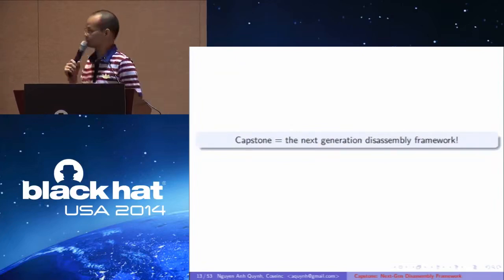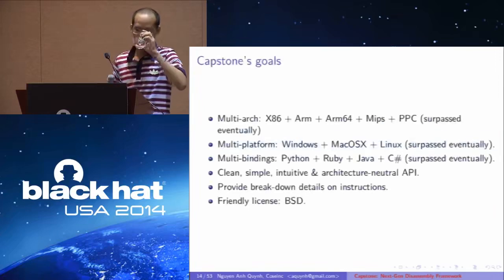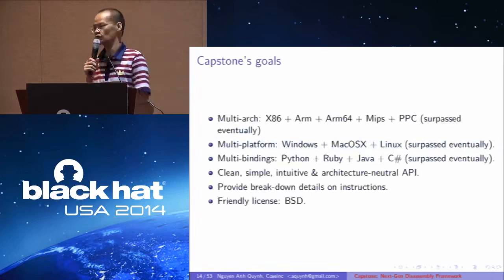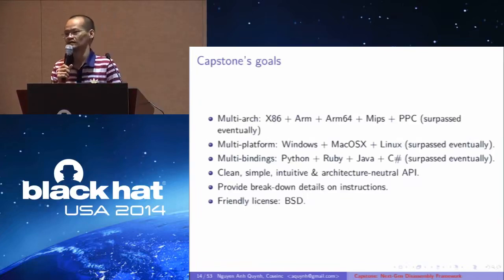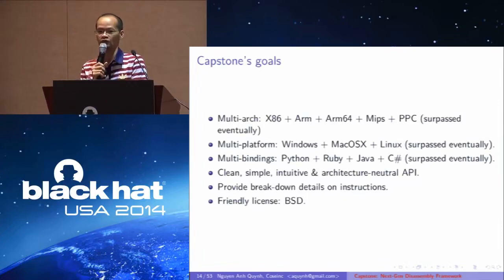Okay, next part I look at Capstone, the design and the implementation. After I found that nothing worked, I needed to decide what to do. The easy choice is that you just sit still, relax, and wait for somebody to show up and solve all of your problems.